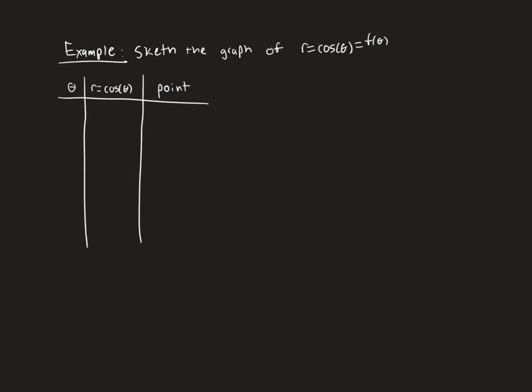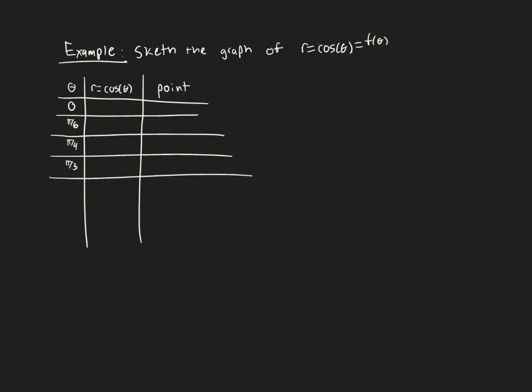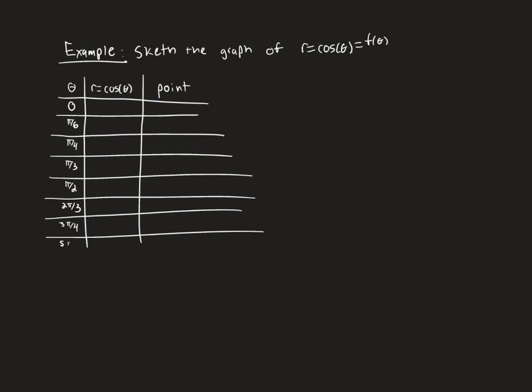Let's use the kind of easy angles that we can figure out the cosine of relatively easily. 0, pi over 6, pi over 4, pi over 3, pi over 2, 2 pi over 3, 3 pi over 4, 5 pi over 6, and pi. And let's start doing some computation.